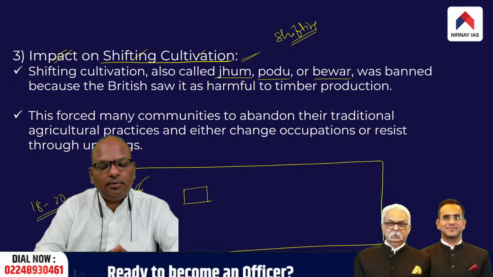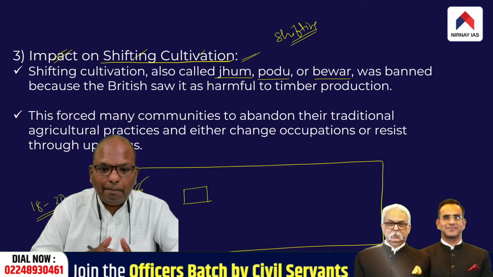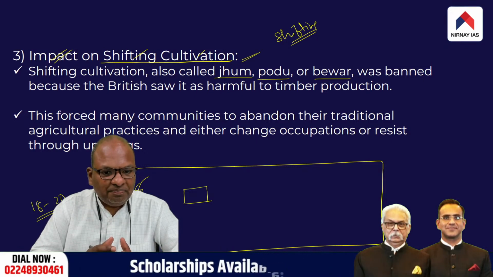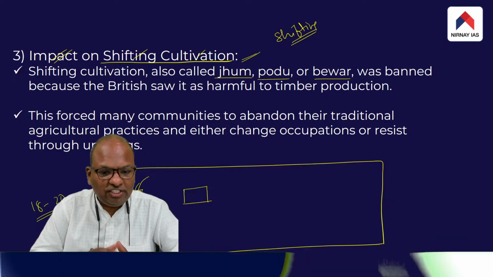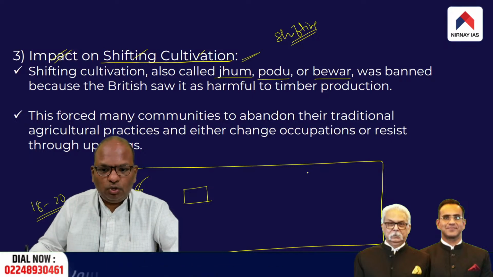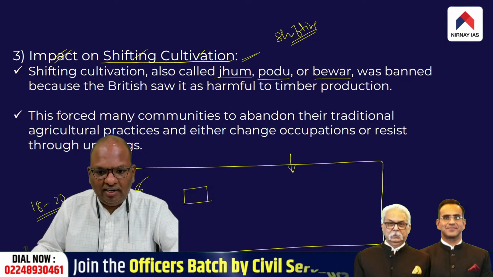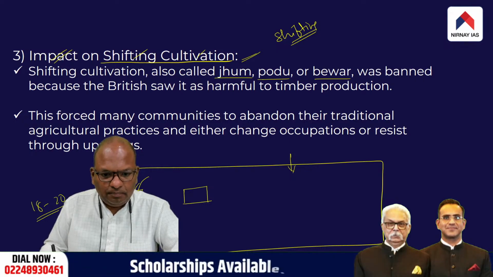Shifting cultivation is a traditional agricultural practice in which a patch of land is cut and burnt in rotation. For example, this entire land is forest, but only a patch of land is cut.